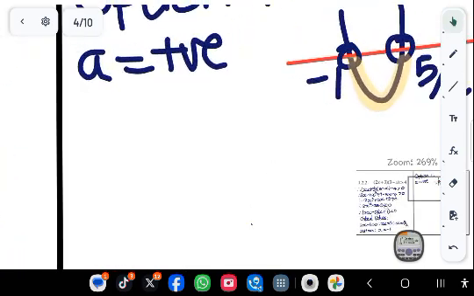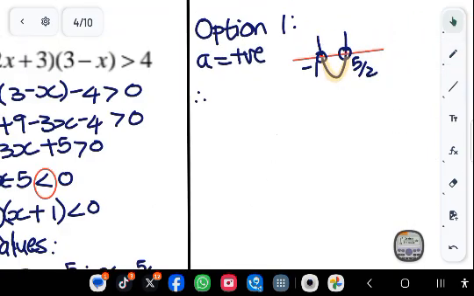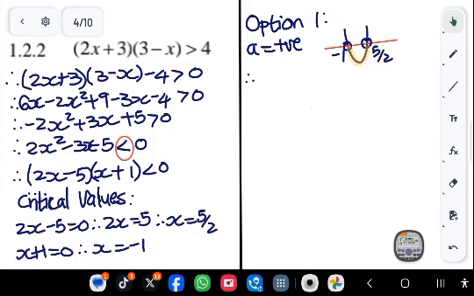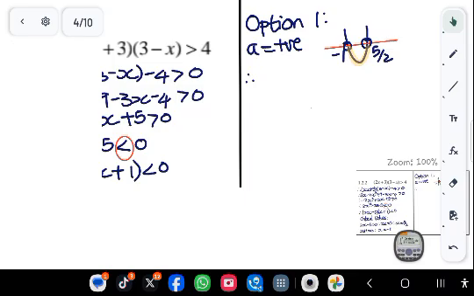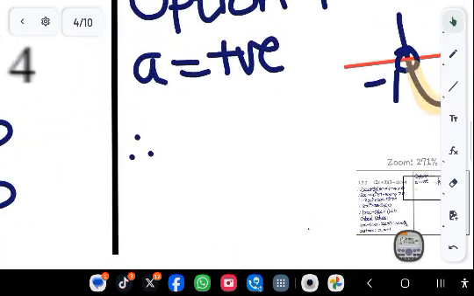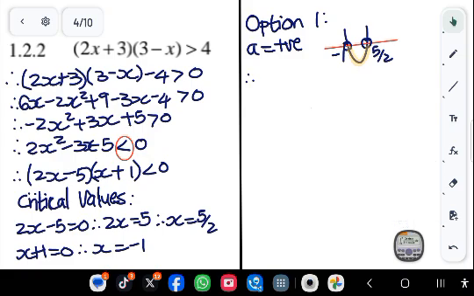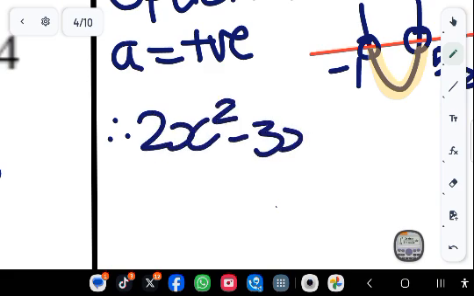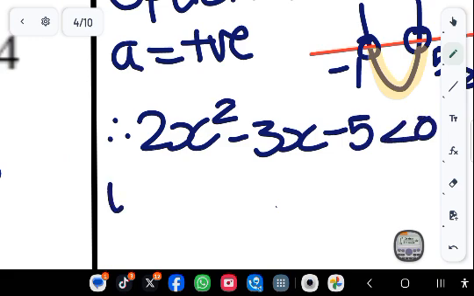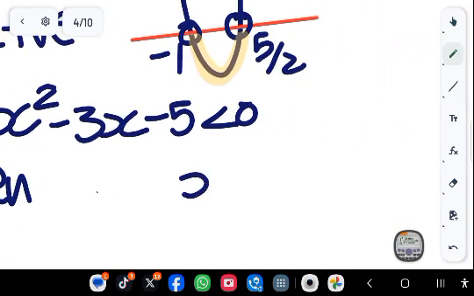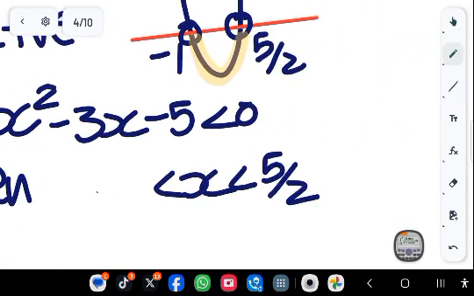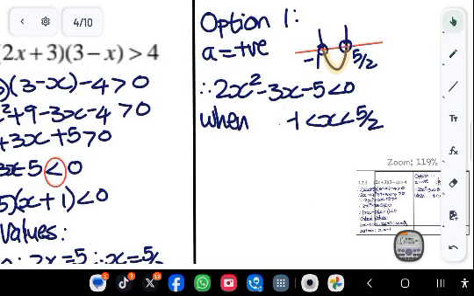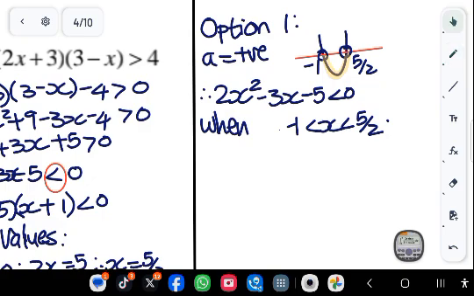So therefore, 2x squared minus 3x minus 5 is less than 0 when our x is between -1 and 5/2, not including the endpoints. That is case or option 1.